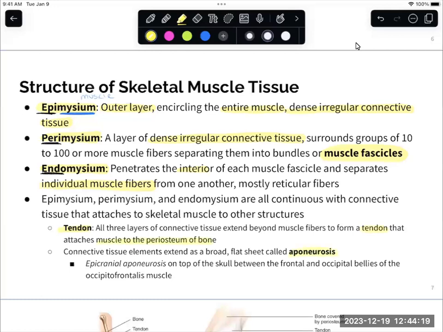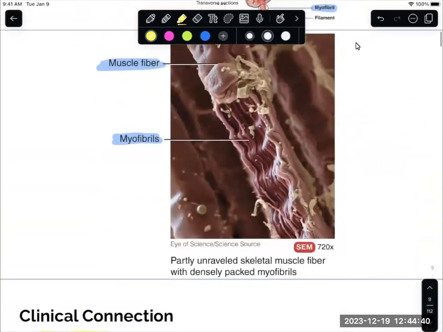An aponeurosis is, again, connective tissue that can connect two different muscles together, like the epicranial aponeurosis. It's on the top of the head. It's going to connect the frontal and occipital parts of the occipitofrontalis muscle. I wanted to talk about the ends of those before I forgot.